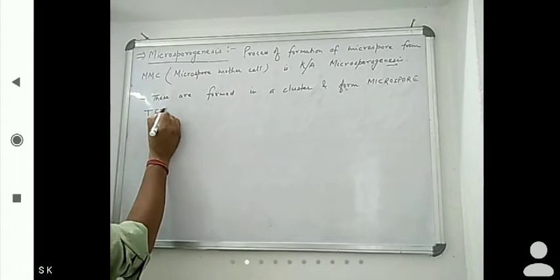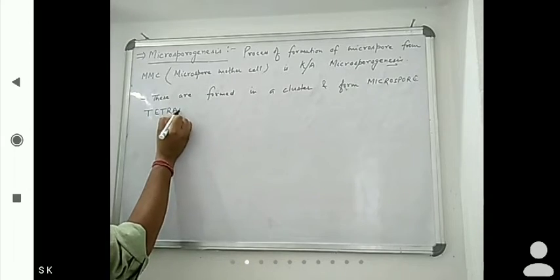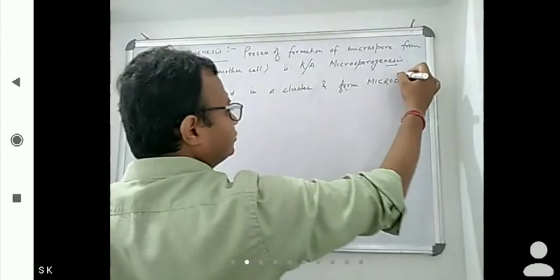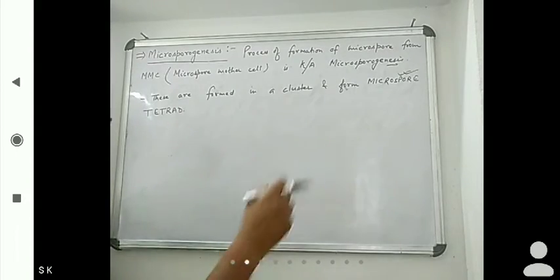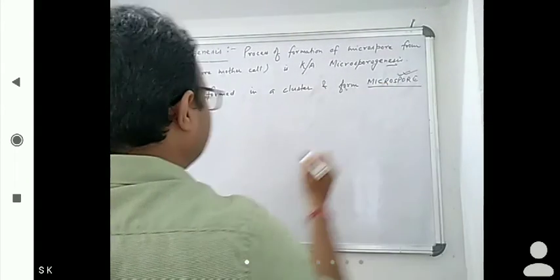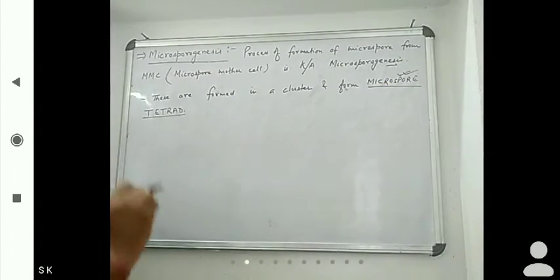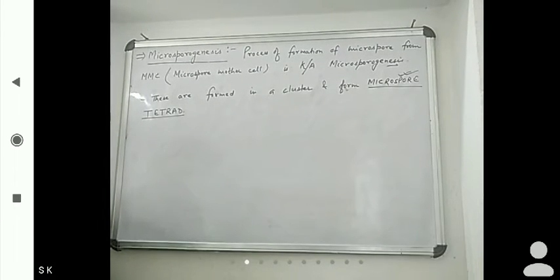Tetrad means 4. Okay, so always in which form are they forming, there are exceptions also, that we will discuss later. They are forming microspore tetrad, in cluster form.